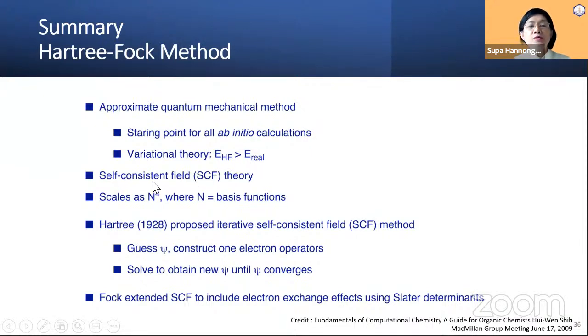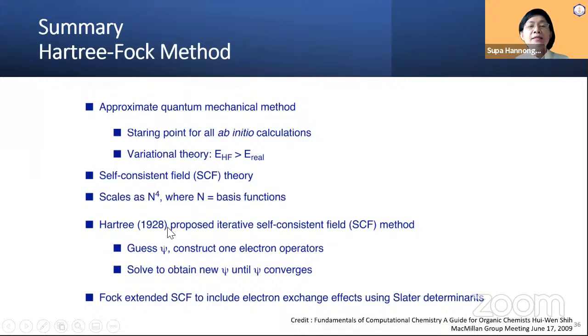And we apply the self-consistent field theory to help solve the equation. As for the scale of the number of basis functions, if you learned last time about the basis set, you may have 10 or 20 or something, and then you have to raise it to the power of 4.